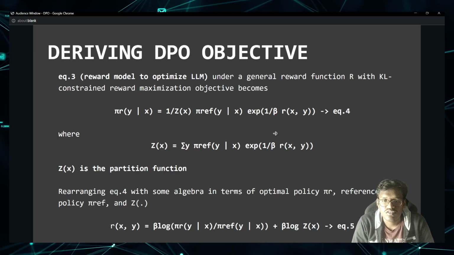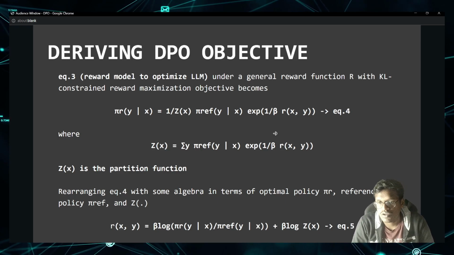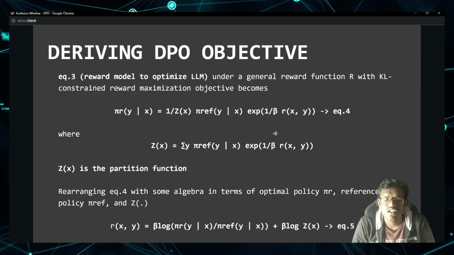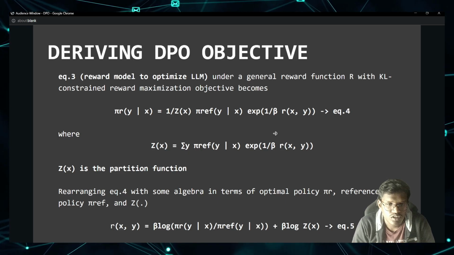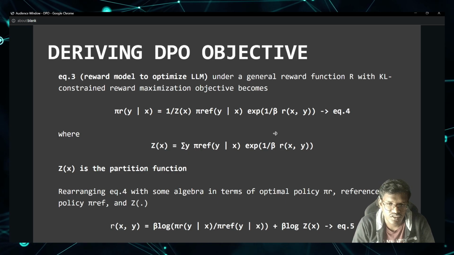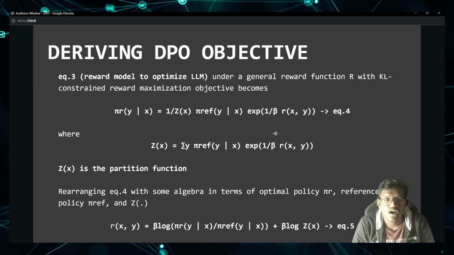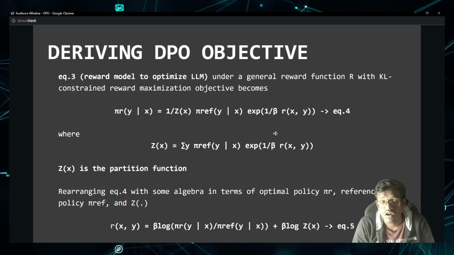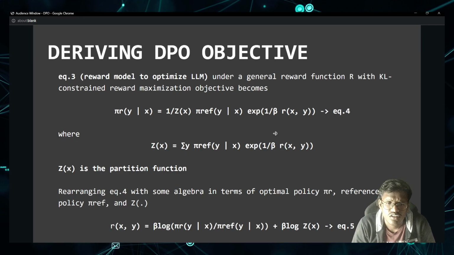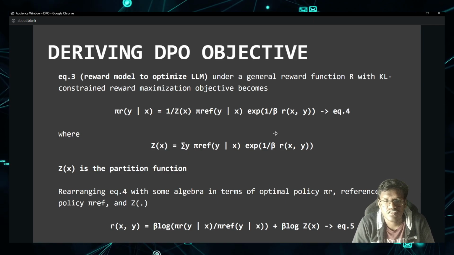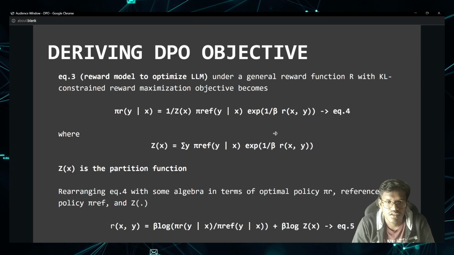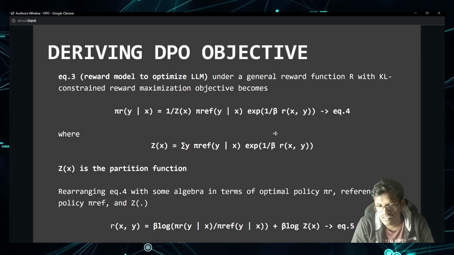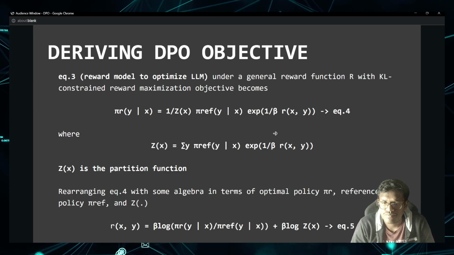So first we take exponential of 1 by beta r of x comma y, and move the other parameters to the other side, which will be Z of x into pi r of y given x divided by pi ref of y given x.